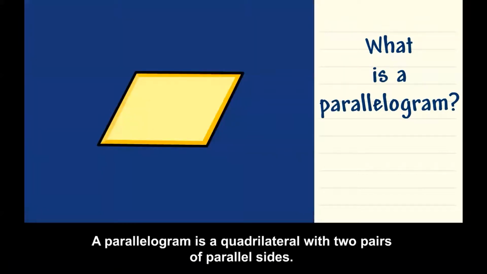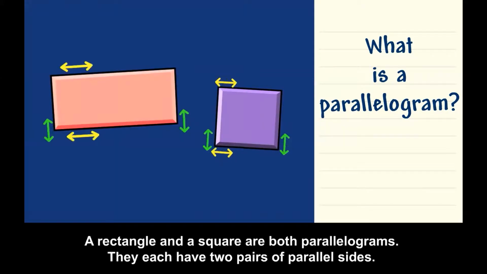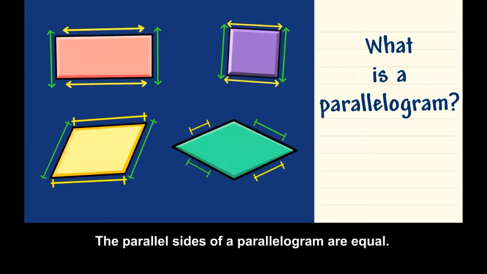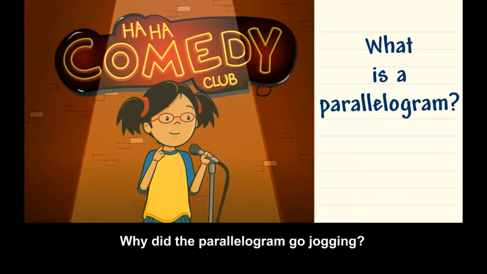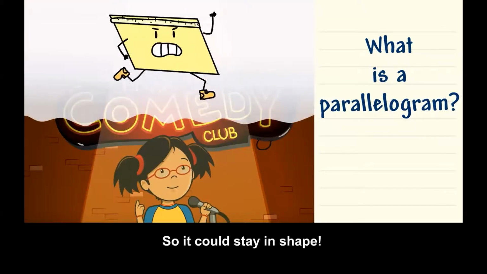A parallelogram is a quadrilateral with two pairs of parallel sides. A rectangle and a square are both parallelograms. They each have two pairs of parallel sides. The parallel sides of a parallelogram are equal. Why did the parallelogram go jogging? So it could stay in shape.